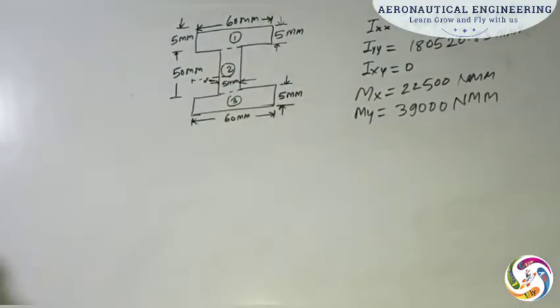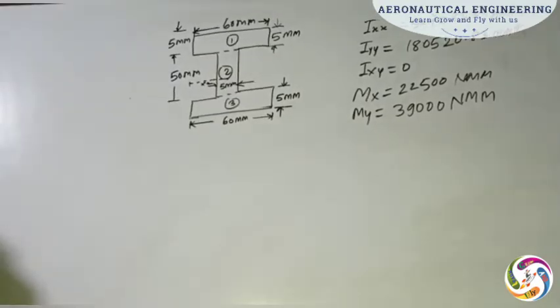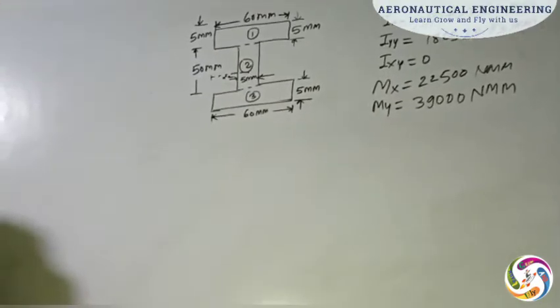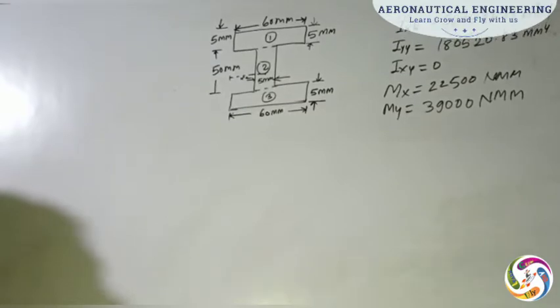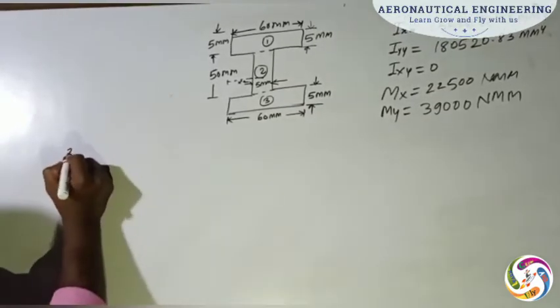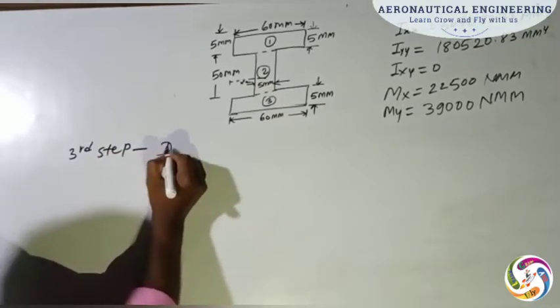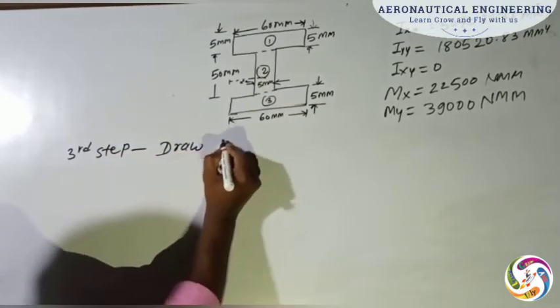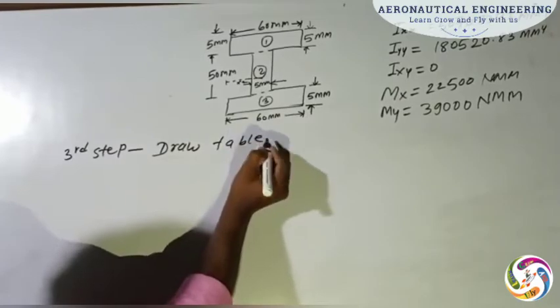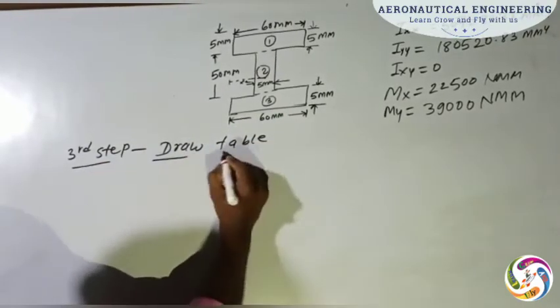Now we completed the first and second step. Now we have to proceed to the third step. In the third step, we have to draw a table so as to find out the value of x and y.